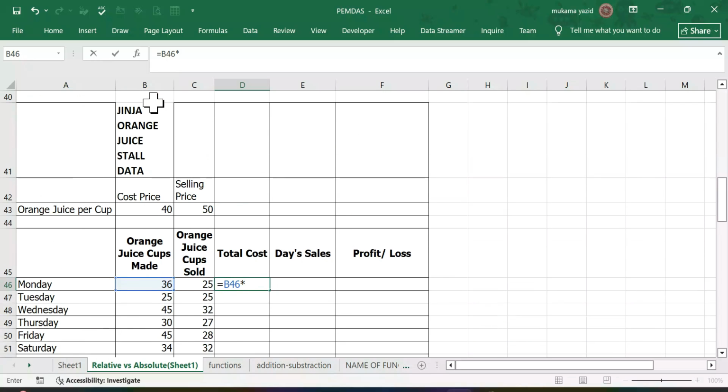It was given here. The cost for one cup is 40%. But remember, this one is going to be multiplied throughout, so it needs to be fixed. So we need to apply the dollar sign so that we can fix it before the column and after the row. That is how we can get the answer.